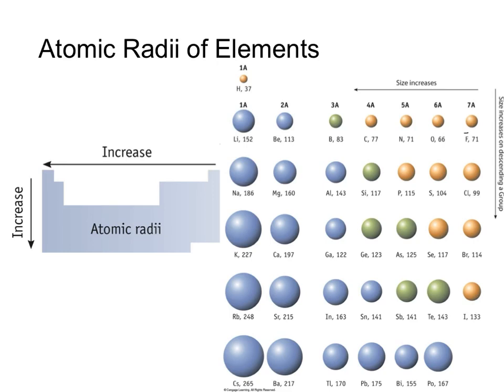And then as we move down any given group, we also get larger. This leads us to saying that the elements in the very lower left-hand side of the periodic table are the largest, and helium, being in the very upper right of the periodic table, is the smallest.